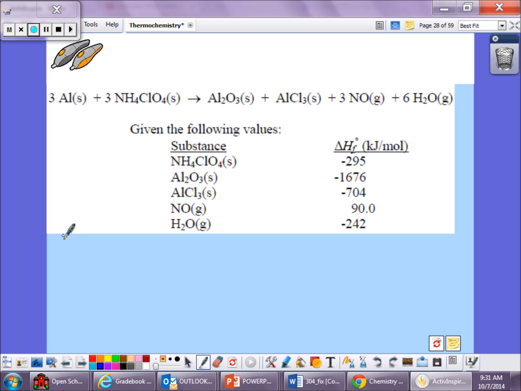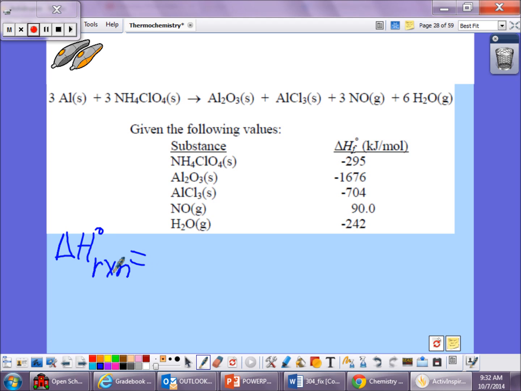I would strongly advise you to write the formula before you plug numbers. On the AP exam, you get a point just for showing it before you plug. Before you plug any numbers, please write down the formula.